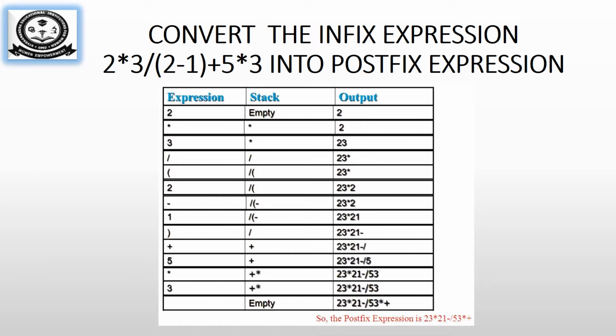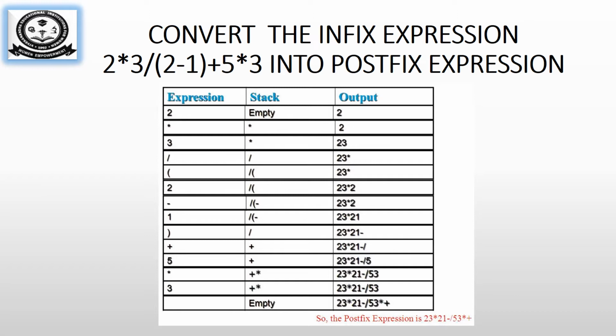We'll go for the next operator, which is plus. As you can see, plus is lower priority whereas slash is higher priority, so slash will be printed and then plus will be pushed into the stack. Then 5 comes, 5 will be printed. Star comes, plus is already in the stack and star is higher priority, so it can be placed and is pushed into the stack.